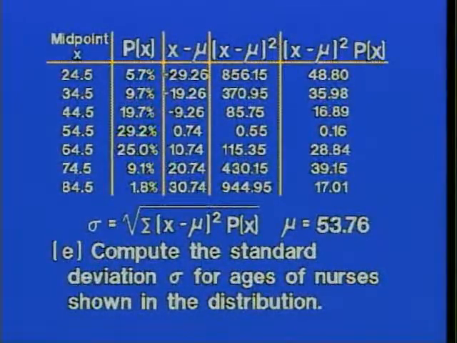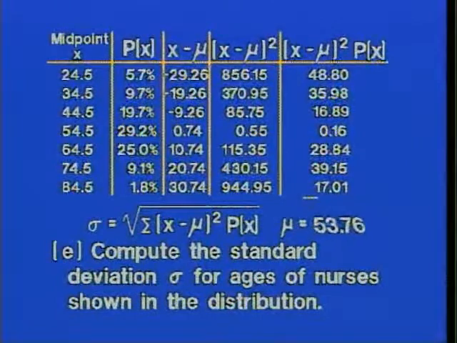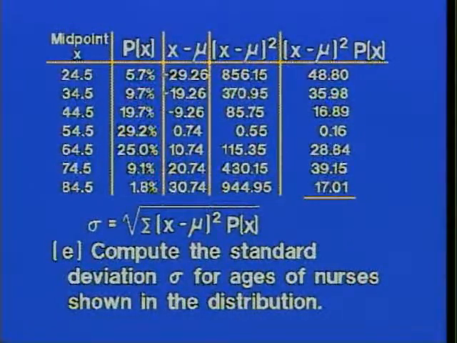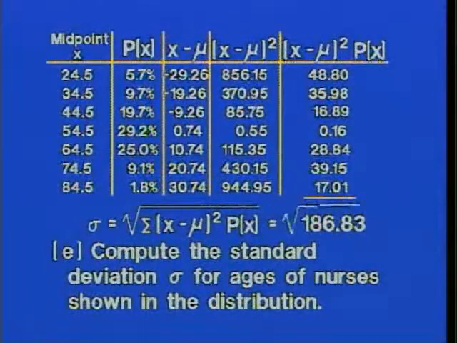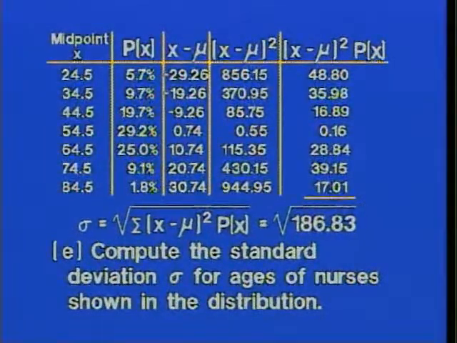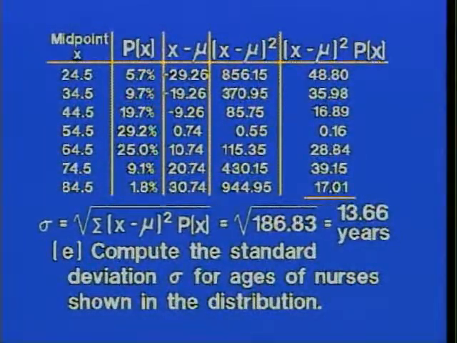And then we would add the entries in that column, and the sum of those entries is that sum that's listed under the radical. So we take the square root of this number, and we find that the standard deviation for ages of nurses shown in the distribution is 13.66 years.